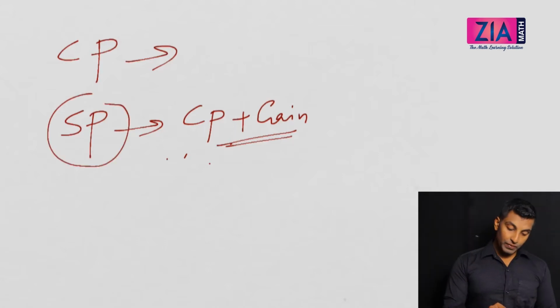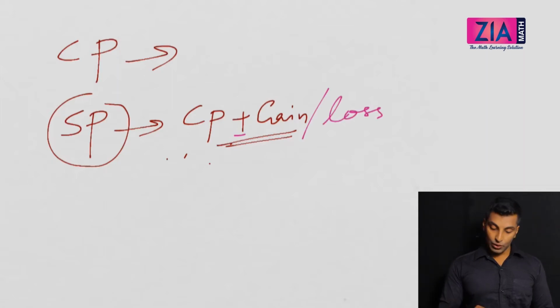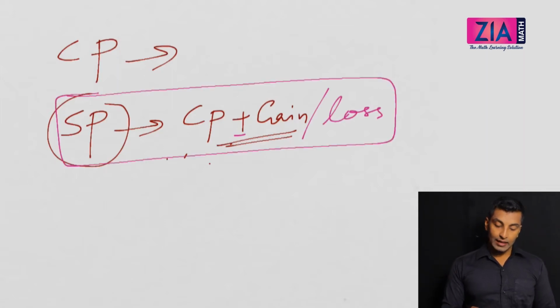Now in certain cases you may sell the item for a lesser price also. In that case it is loss. So it can be plus or minus, gain or loss. That's how I can write selling price. It is not necessary that you will always get profit.